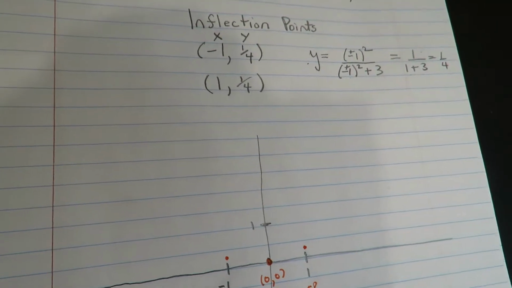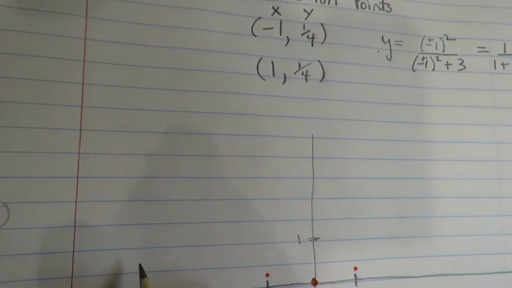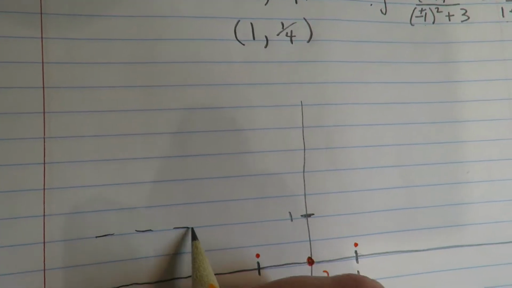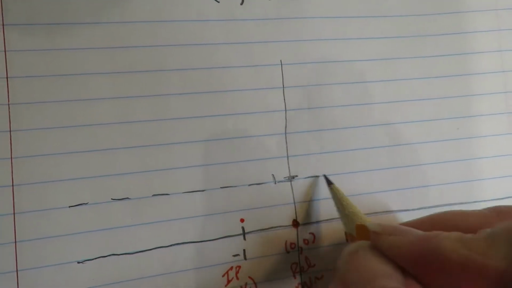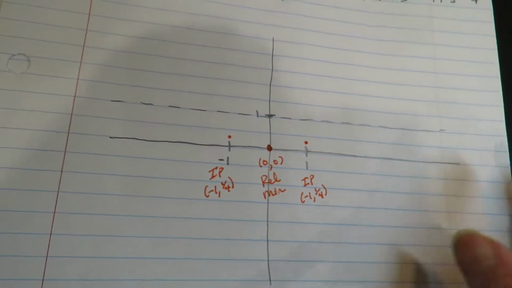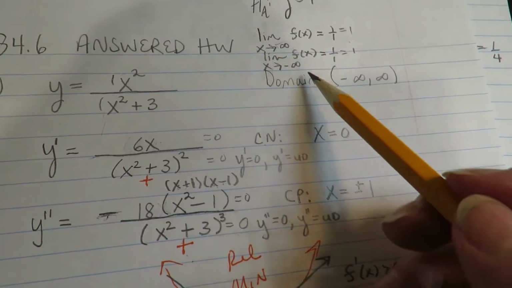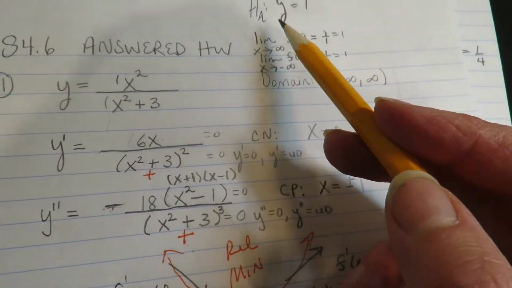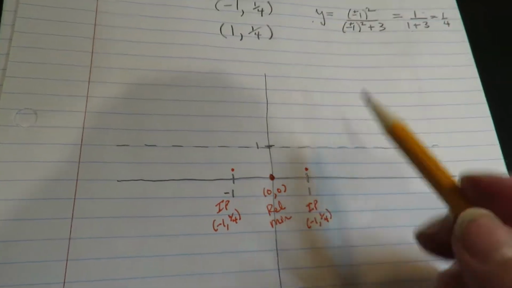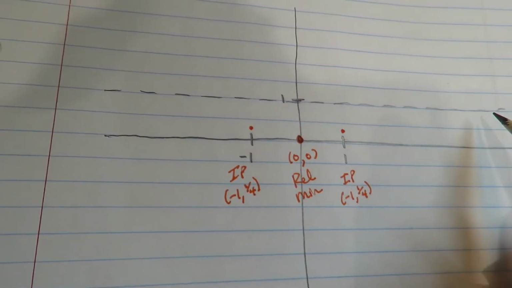So that means at 1, we have a horizontal asymptote. Now remember, horizontal asymptotes are describing the feature as you go to infinity, not necessarily the feature in the center. So we don't need to be approaching 1 at the center, we need to be approaching 1 at the ends.